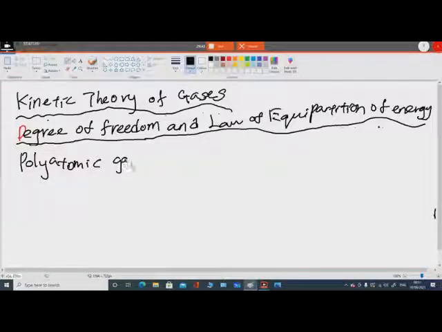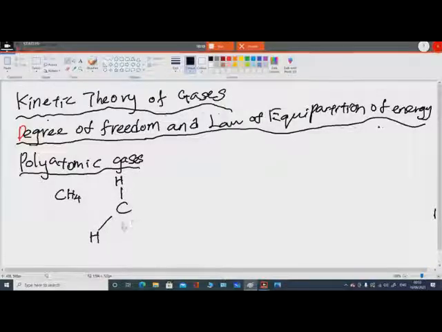Oops, okay. So polyatomic gas is a gas which consists of two or more atoms. So for example, we have ethene, not ethene, should be methane, which is CH4. Okay, the structure for methane is like this.